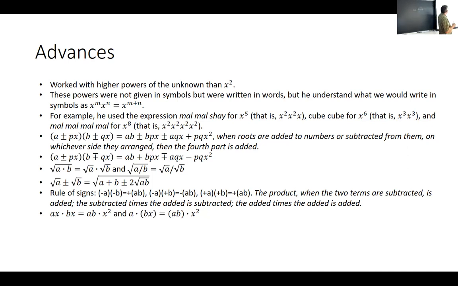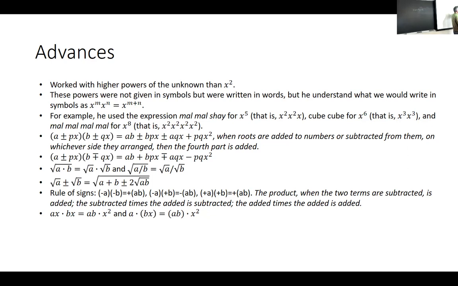He understood this basic principle, that if you multiply 2 powers together, then you add the exponents. He didn't explicitly say that, but you can see that he knew it from how he called powers. Again, they didn't have these symbols, so they just used words.